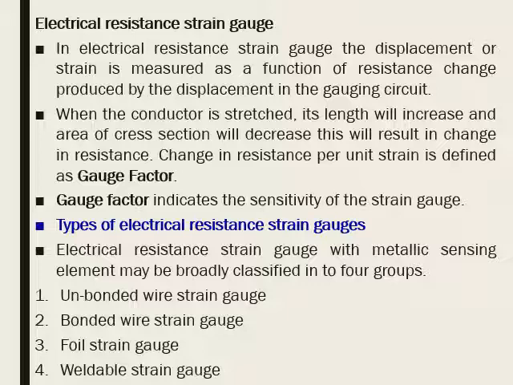Whereas inductance strain gauges are in fact coils with a mobile iron core. The core or the coil is connected to the workpiece to be tested. With the deformation, the core either moves in or out, because of which the inductance changes accordingly.